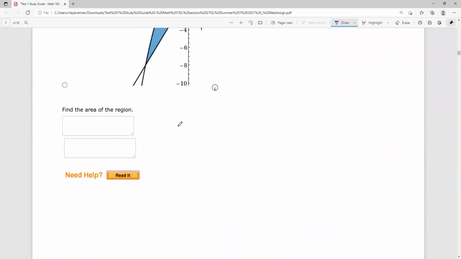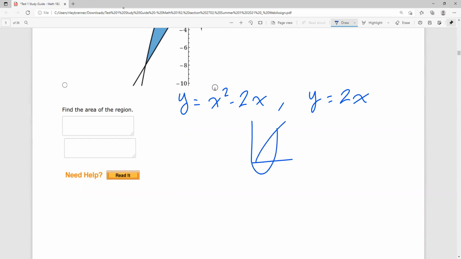So if I remember correctly, we had y is equal to x squared minus 2x, and y is equal to 2x, right? These are our two lines. Okay, and then we knew the graph is like this. So if we were to find the area now, area is equal to the integral of the top function.